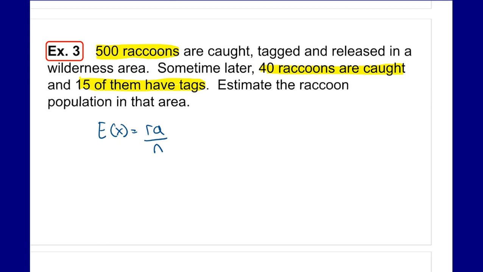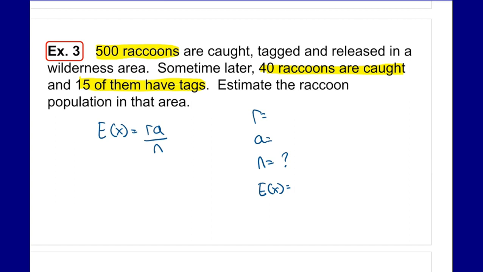So if we were to imagine doing this scenario as a hypergeometric distribution, we have our R, we have our A, we have our N, and we have our expected value. In this case, we're looking for N. We don't know what the total number of possible outcomes is. Remember, N is the total number, so that's the tagged and all the untagged raccoons in the wild.